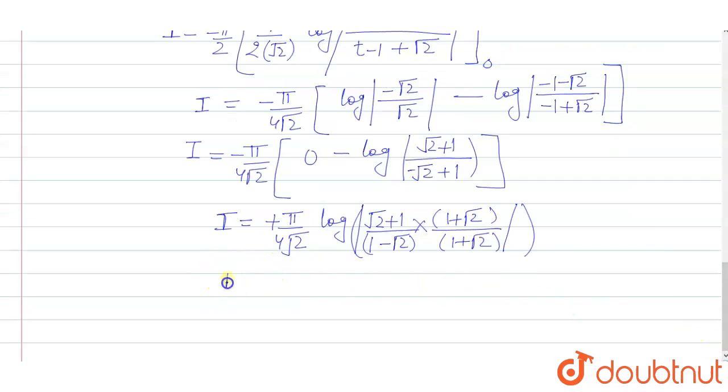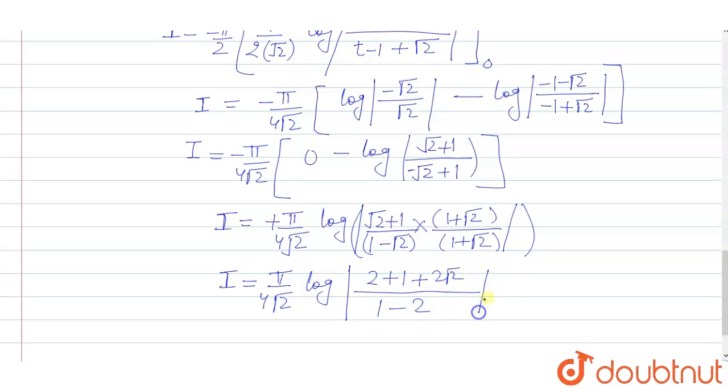So integral I equal to pi by 4 root 2 log of root 2 plus 1 whole square, that is 2 plus 1 plus 2 root 2, and in denominator we get 1 square minus 2 square. This is mod also.